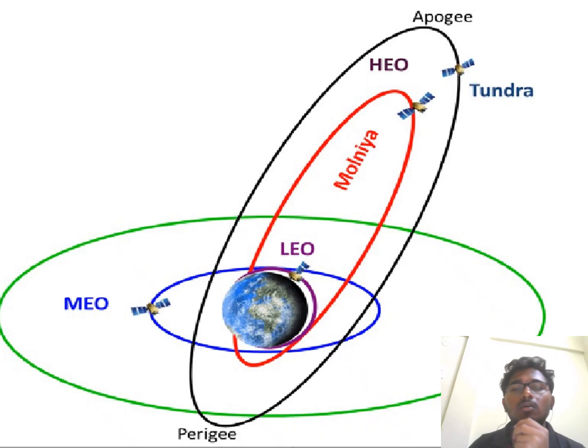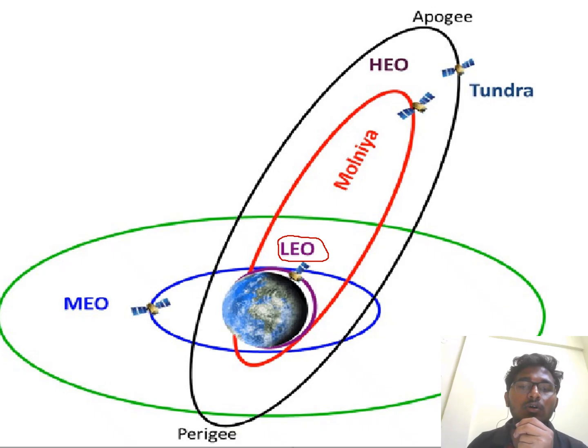Here we go, the orbit paths of the different orbits. Here we have LEO, which is near to the Earth because its radius is very small. And here we have MEO, medium Earth orbit, which is in between the LEO and GEO.